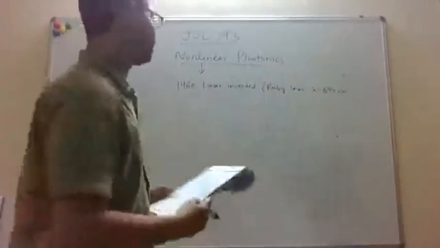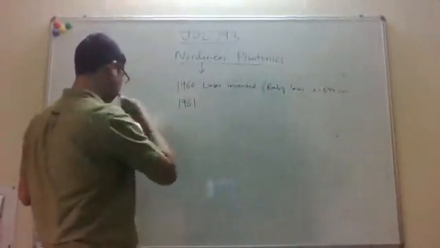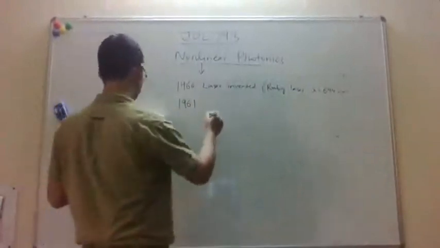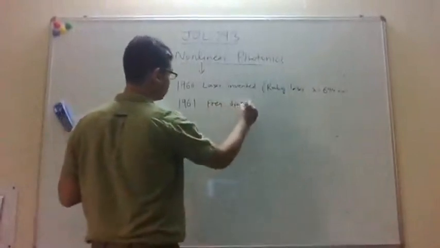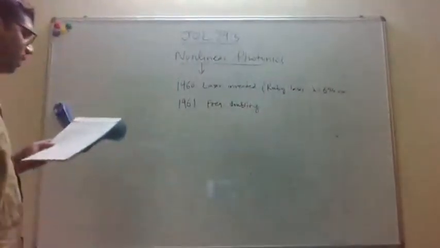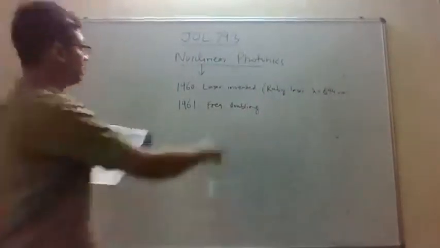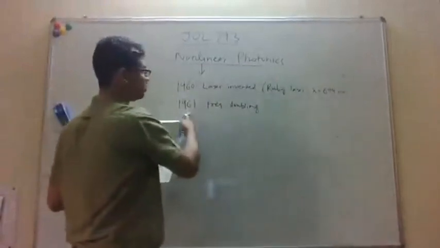So once the laser was invented, immediately, like a year later, the first nonlinear effect was seen, which was basically frequency doubling, or the wavelength being reduced to half. That was almost immediately after the invention of the laser.